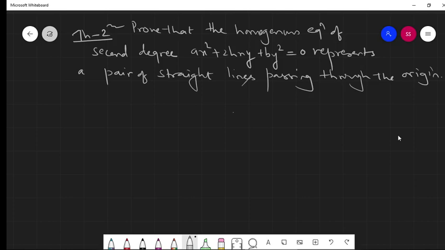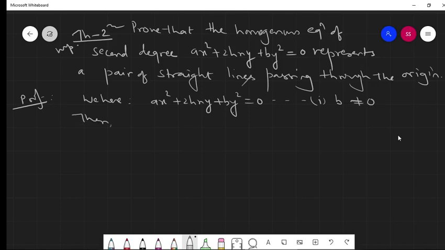Firstly, we have given ax square plus 2hxy plus by square equal to 0, where b does not equal 0. Then dividing both sides by x square, what will you obtain?